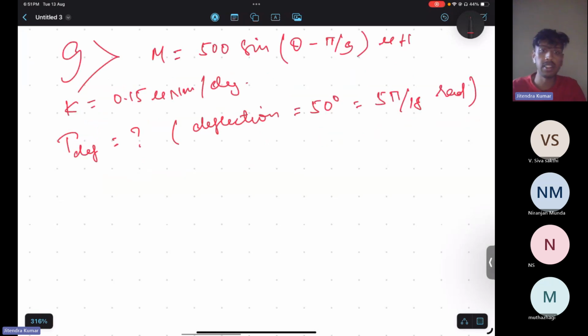It's pretty simple, isn't it? We know the expression of torque in an electrodynamometer ammeter, and it is non-linear also. It's definitely I square dM by d theta. Which expression will you use rather?